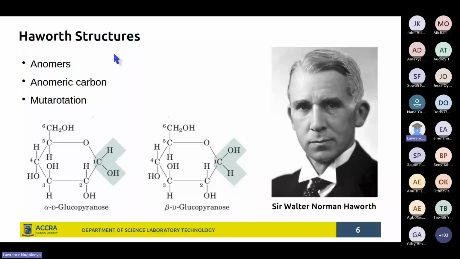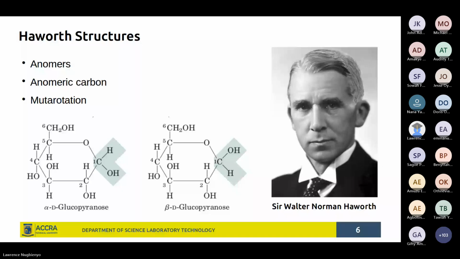Whatever it is, these cyclic structures are named after the British chemist Sir Walter Norman Haworth, who discovered these structures and won a Nobel Prize in chemistry. So it's a Nobel laureate that won a Nobel Prize for his work in carbohydrate chemistry.